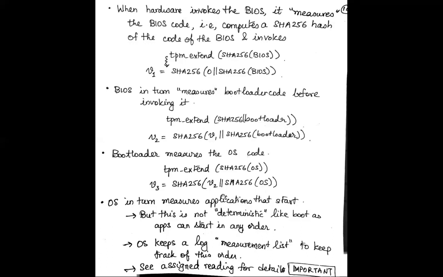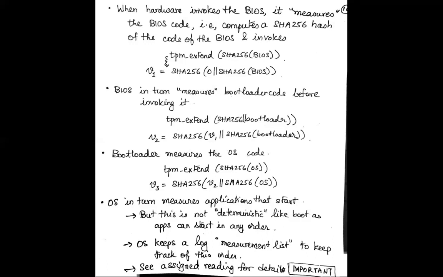So we are going to be stopping here, but the operating system in turn measures the applications that it starts. The first three steps are extremely deterministic: the BIOS, the bootloader, and the OS. But after that, applications can start in any order, and it's not really deterministic like the boot process.